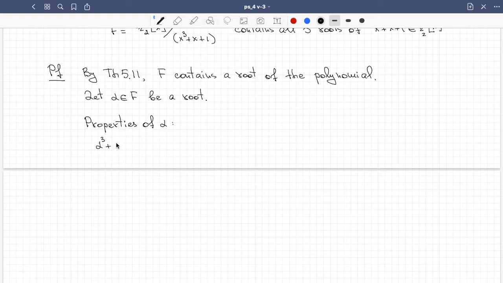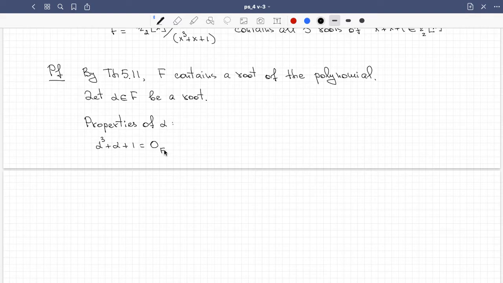Alpha cubed plus alpha plus 1 is 0 in the field F, which actually coincides with the class of 0 as an element of Z2.